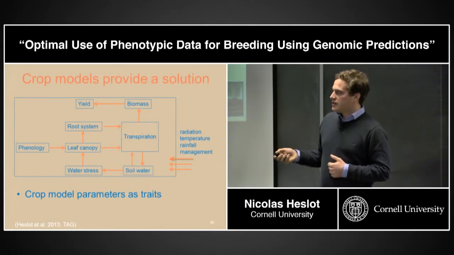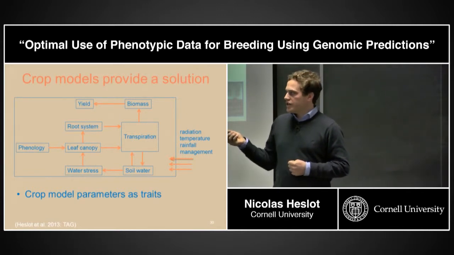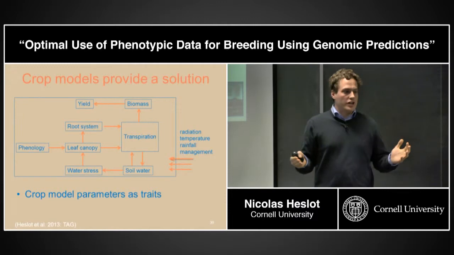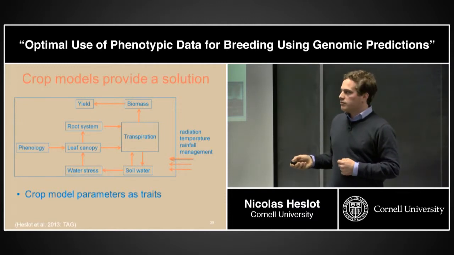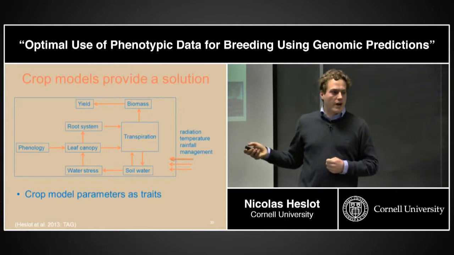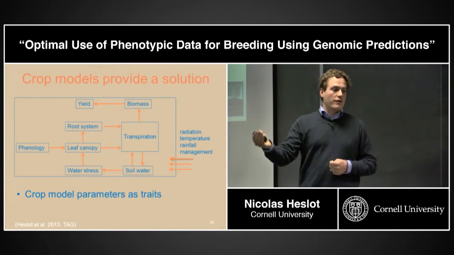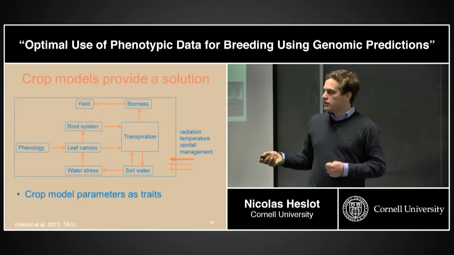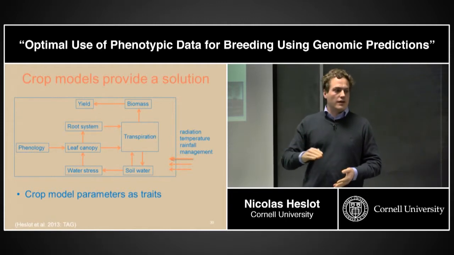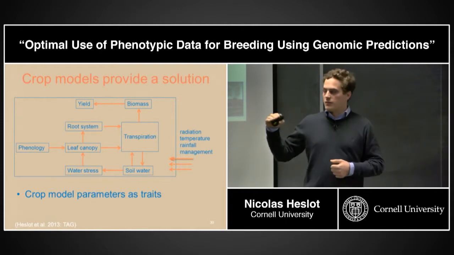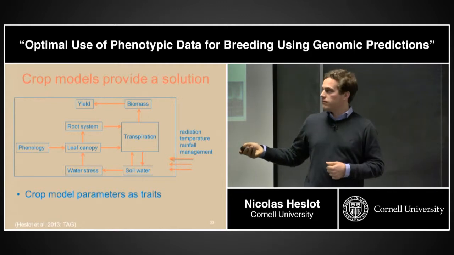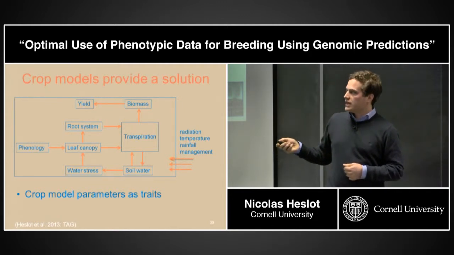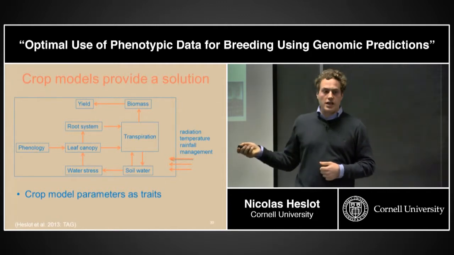Those models take as input radiation, temperature, rainfall, and management practices, and predict how the plant is going to develop a leaf canopy, include feedback loops for depletion of water from the soil, and also predict development of phenology, leaves, flowers, and biomass, and finally predict yield.